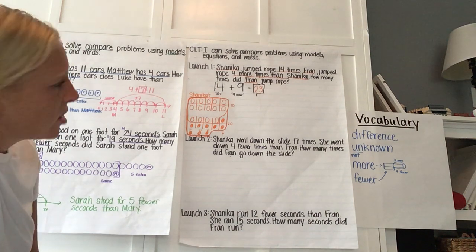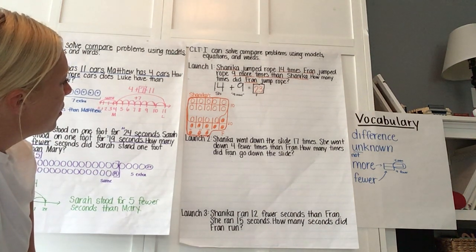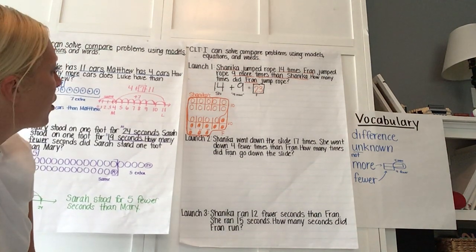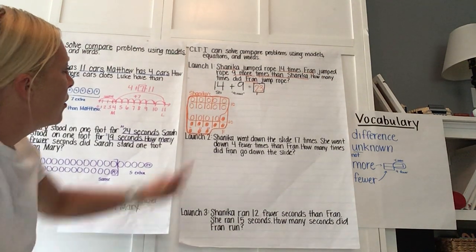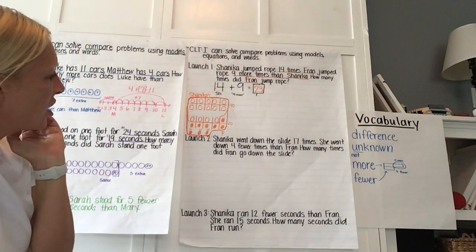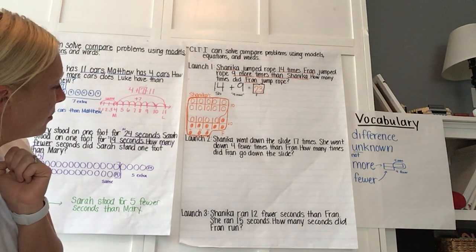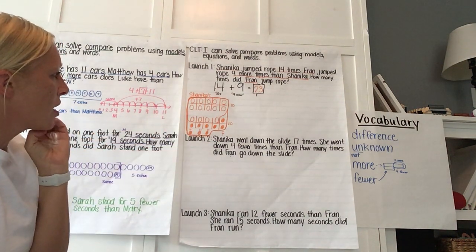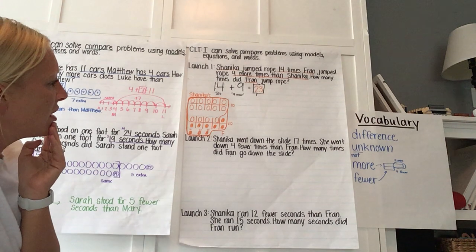Does anybody have any questions about this work? Where is the 9 more in her work? The 6, 7, 8, 9. Okay. How did she get to 23? And the extras. Why would that be helpful to put them in those 10 frames?